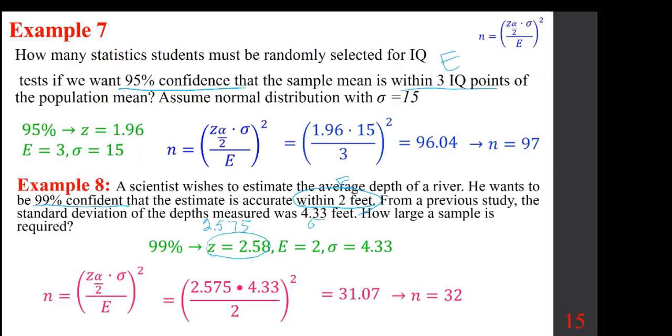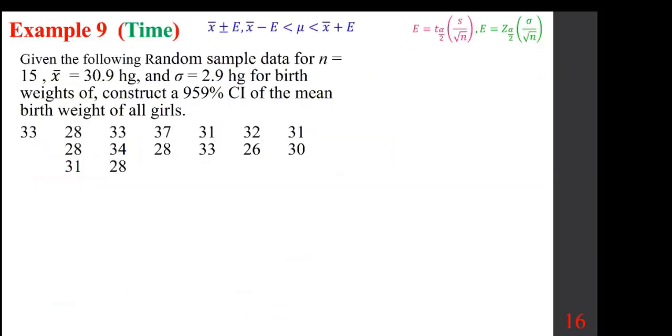You can read this on your own, but I want to make a point. Given the following random sample, for n equals 15, x bar is 30.9, and sigma is 2.9, for birth weights of children, construct a 95% confidence interval of the mean birth weight of all girls. Notice what's happening here.